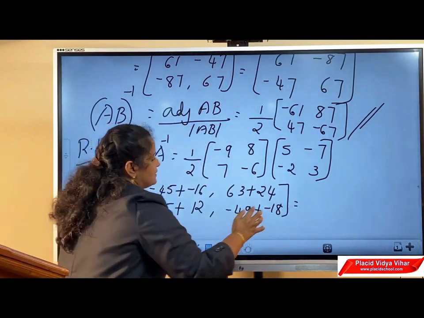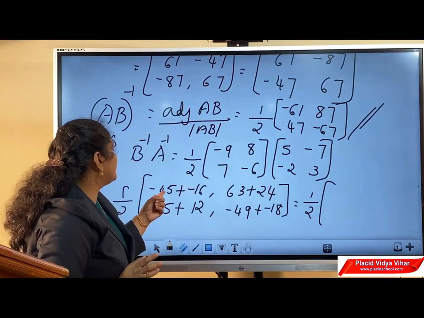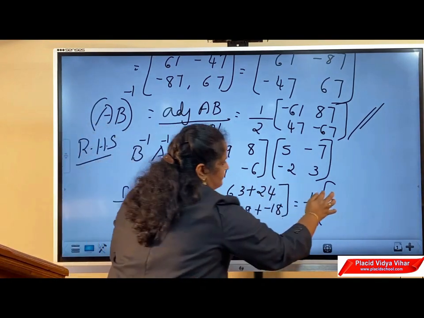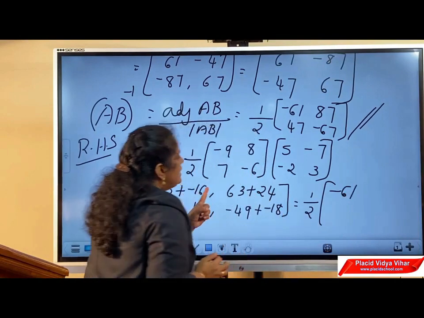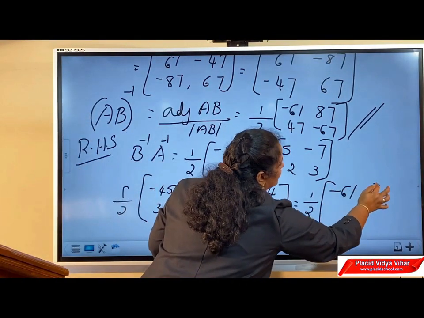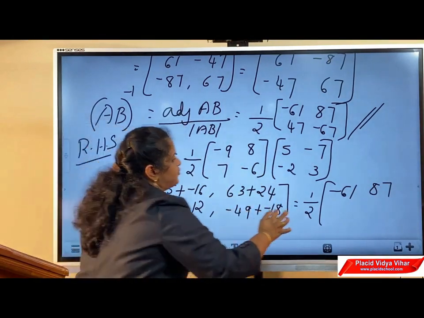Therefore this answer is 1 by 2 already outside. Minus 45 minus 16, the answer is minus 61. 63 plus 24, that is 87. 35 plus 12, that is 47.